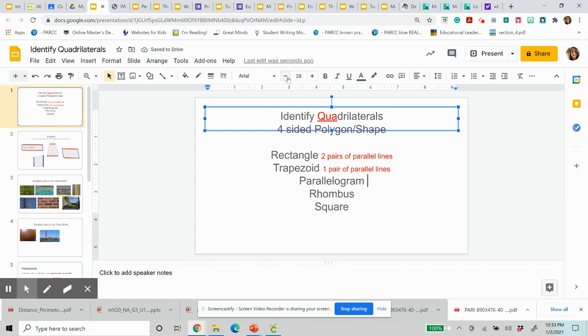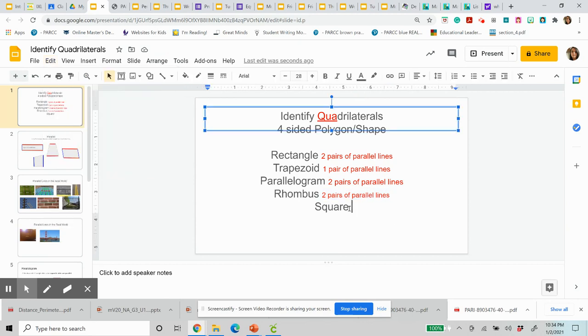Parallelogram has two pairs. Rhombus has two pairs. The opposite sides, two pairs. And so does the square. I'm just going to copy and paste. It'll be easier. Okay.